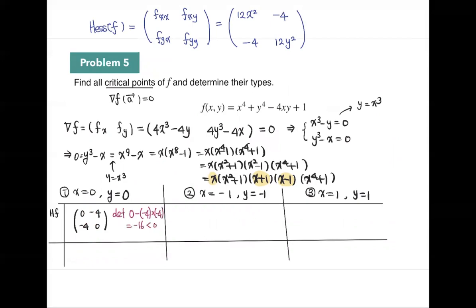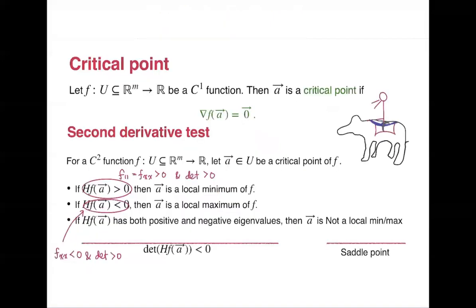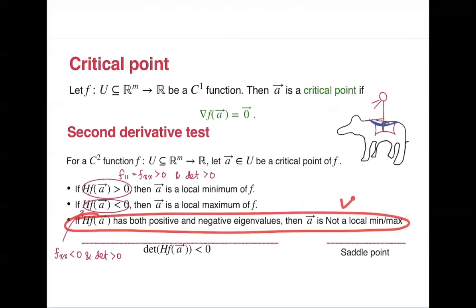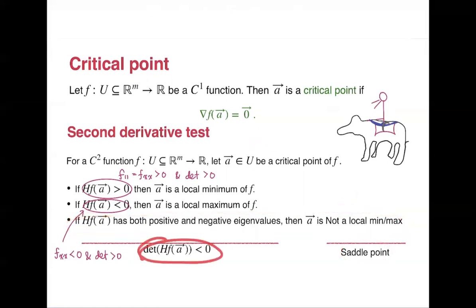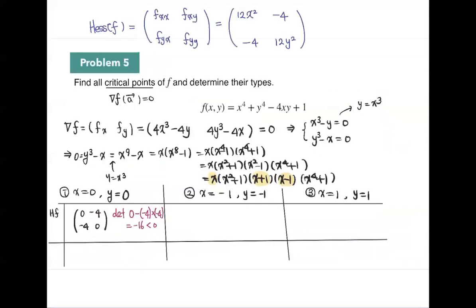Since the determinant is negative, it is a saddle point. So 0, 0 is a saddle point.